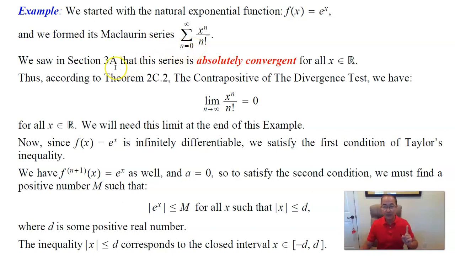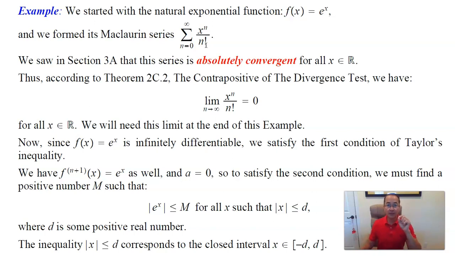But this was our first example in section 3a, and we used the ratio test to prove that this is absolutely convergent. Now, remember the test for divergence. It said that if a series converges, that's the contrapositive. If the terms of a series do not converge to zero, then the series has to diverge.